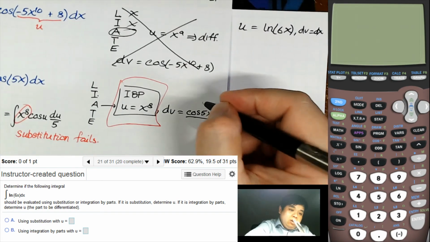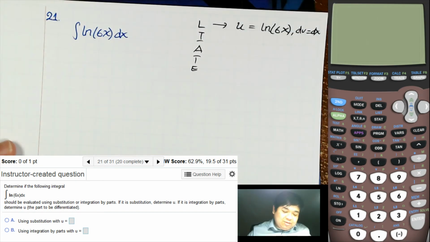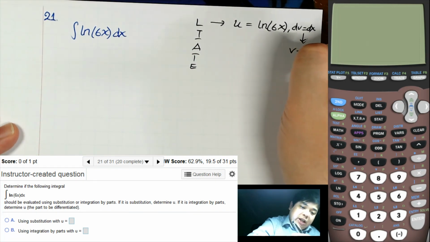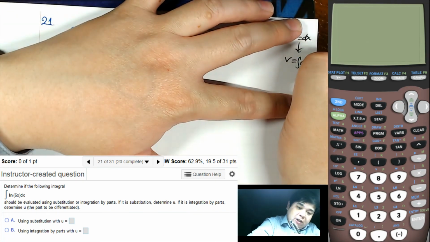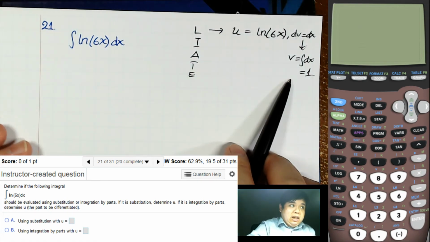Whatever dv is, you have to have dx there. And if dv is dx, then obviously we can solve for v. We integrate and that gives us x. So it's certainly doable, right?